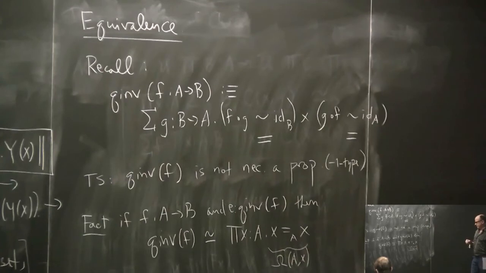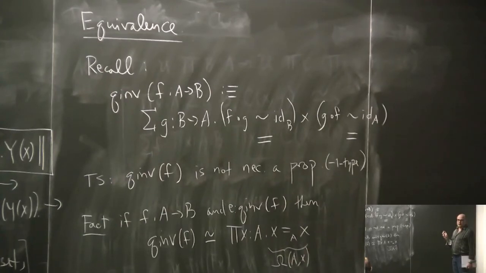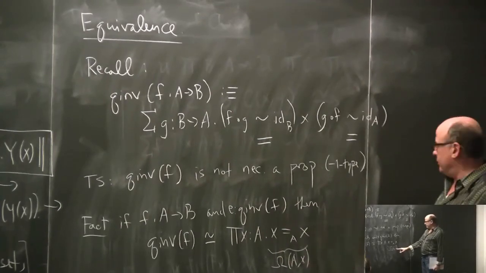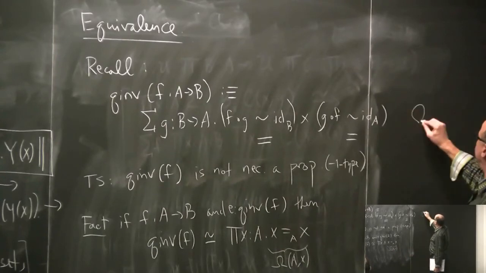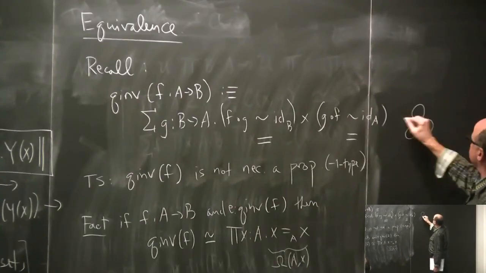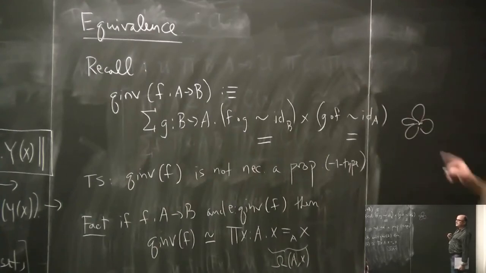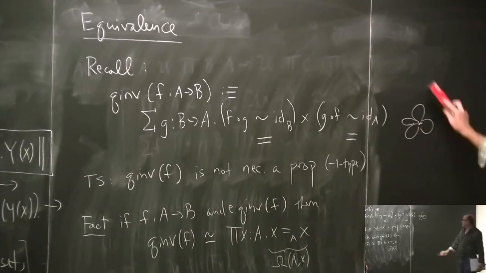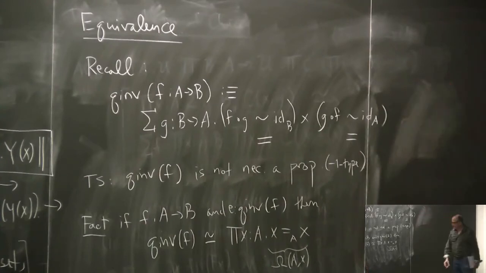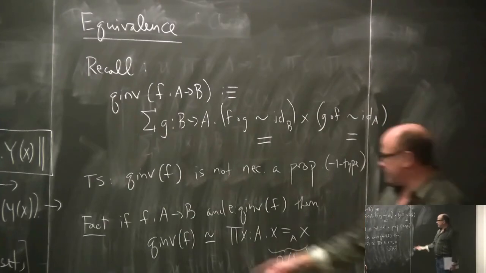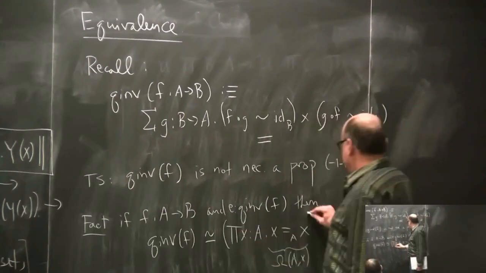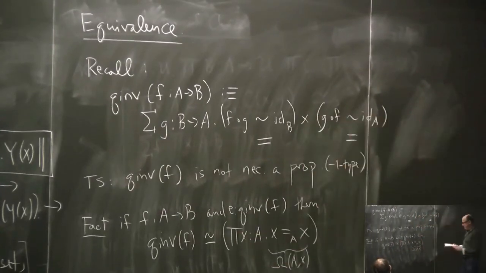You specify the base point and look at all the loops based at that point, which always include the little one for reflexivity. So this property of quasi-inverse can be thought of as being that.